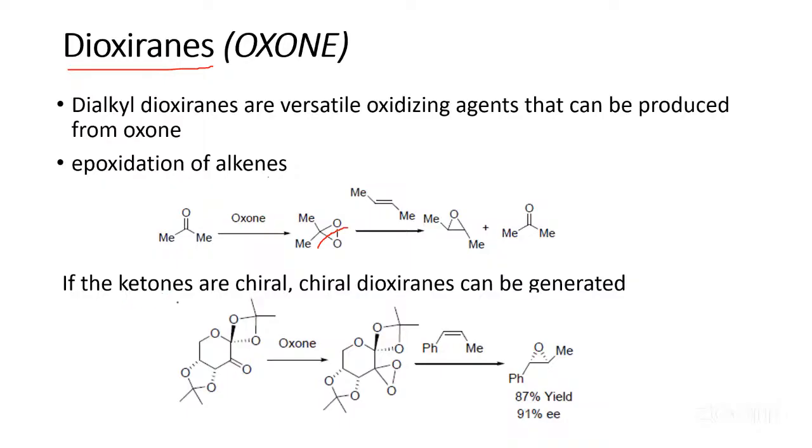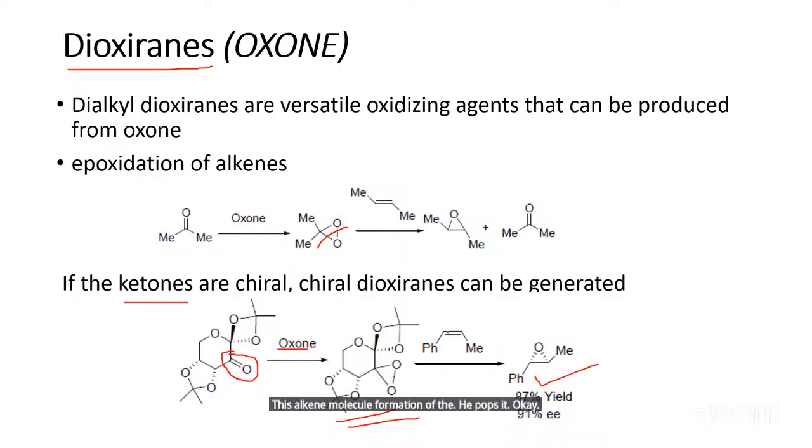When we have ketone molecules that are chiral in nature, we use a chiral dioxirane for the conversion of alkene into the epoxide. Look, this is the ketone molecule, and by using an Oxone molecule it is converted to the dioxirane, and when we treat this dioxirane with the alkene molecule, the alkene gives the formation of the epoxide.